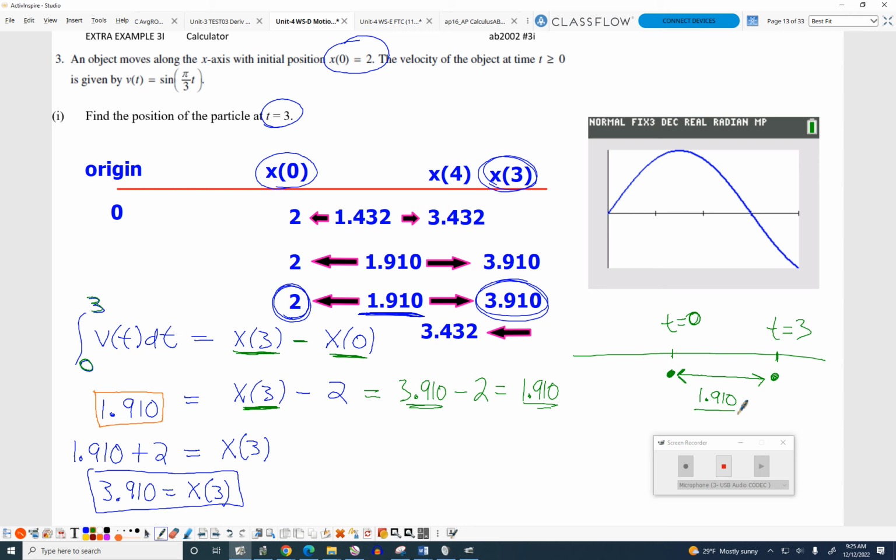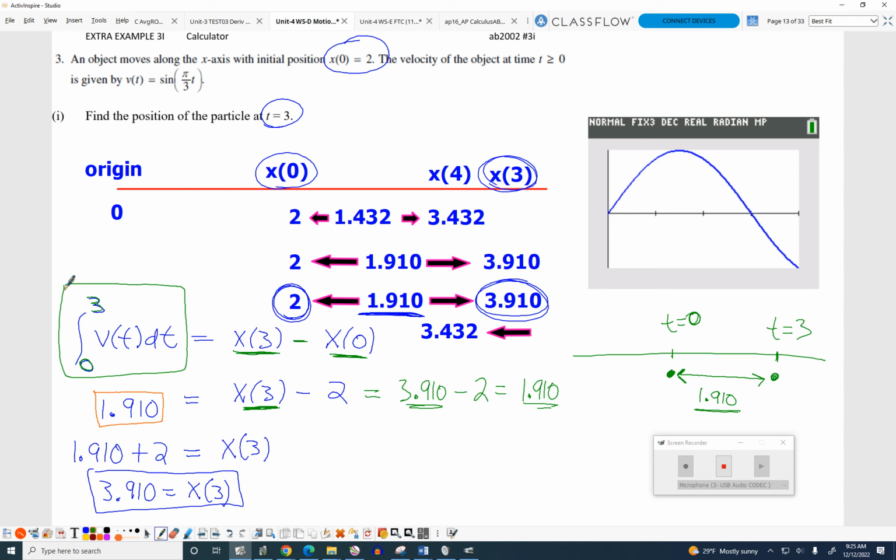The value of the integral is not the location. Everybody look, super critical. The integral never tells you the location, because like I said to Ethan, the integral isn't talking about a specific time. The integral is talking about a time period. So we don't know the location from the integral.